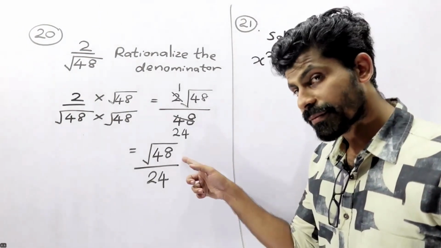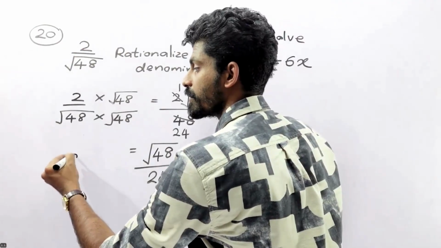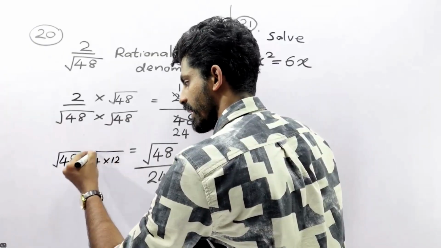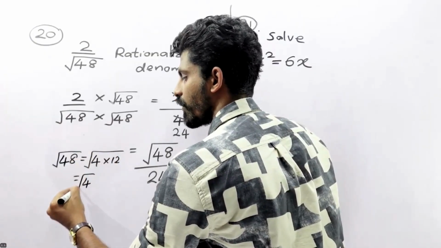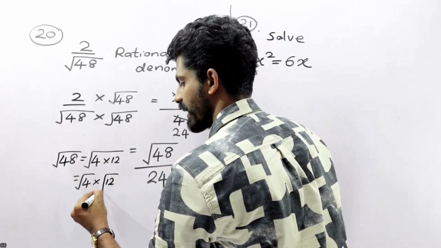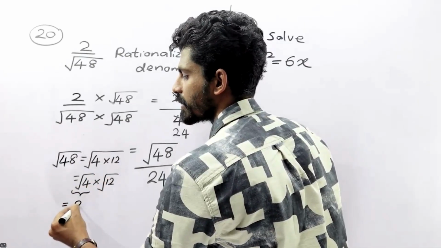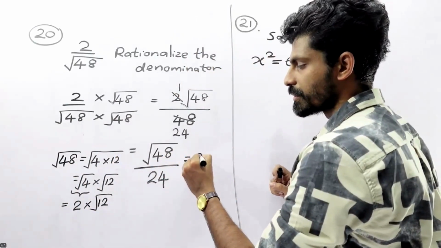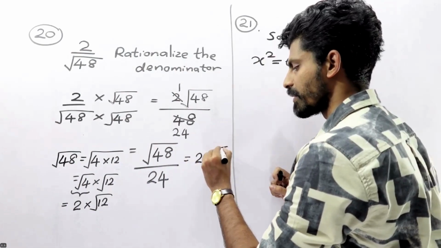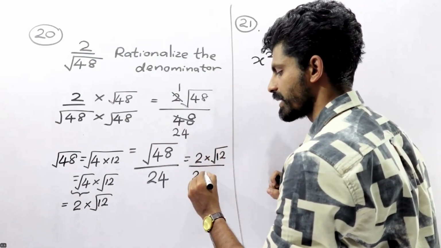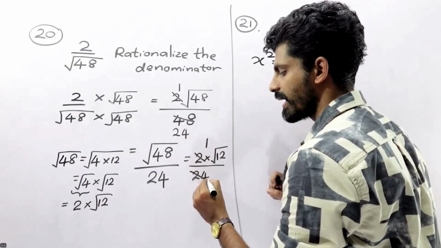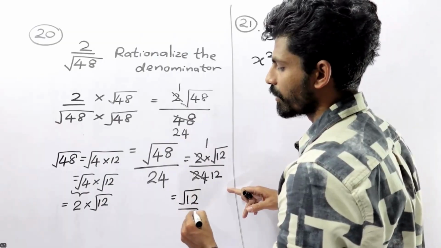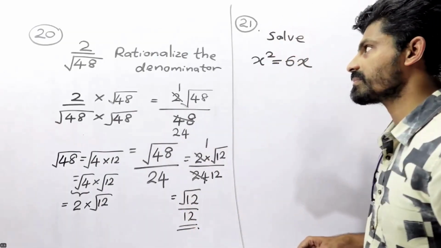We can simplify this further. The square root of 48 means 4 multiplied by 12, the square root of 4 times the square root of 12. The square root of 4 is 2. So 2 times the square root of 12 over 24. Then 1 and 12, so the square root of 12 over 12 is the answer.